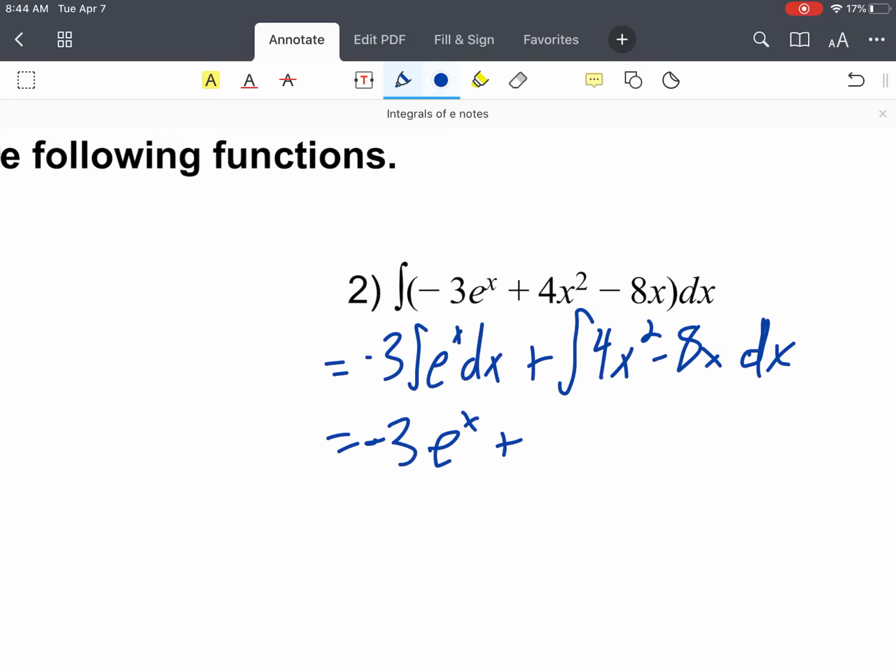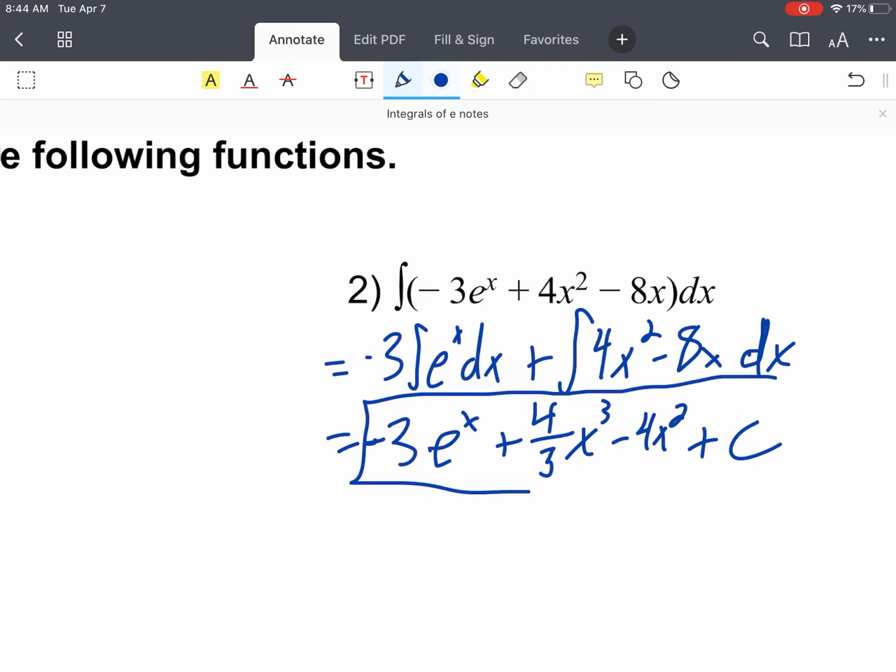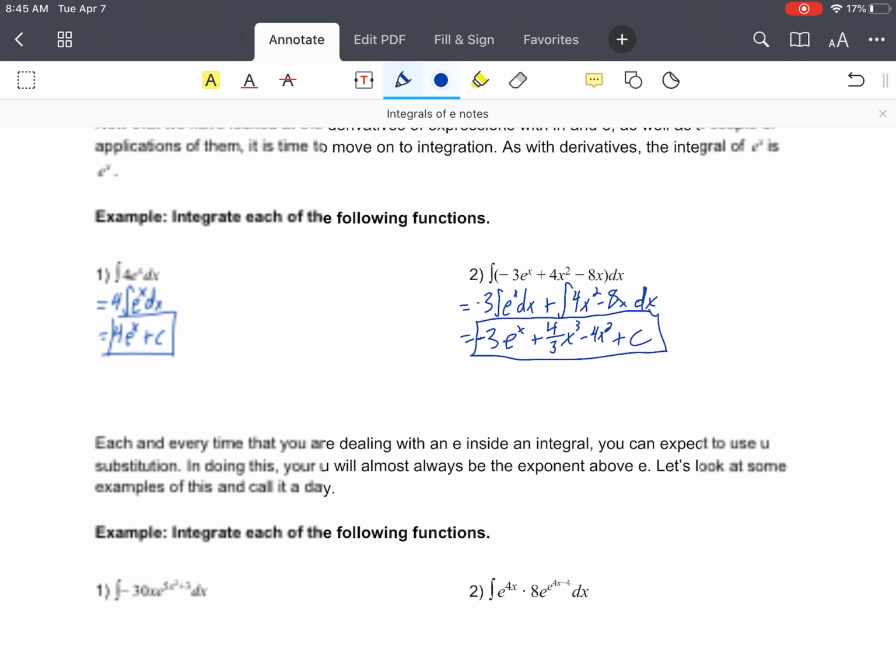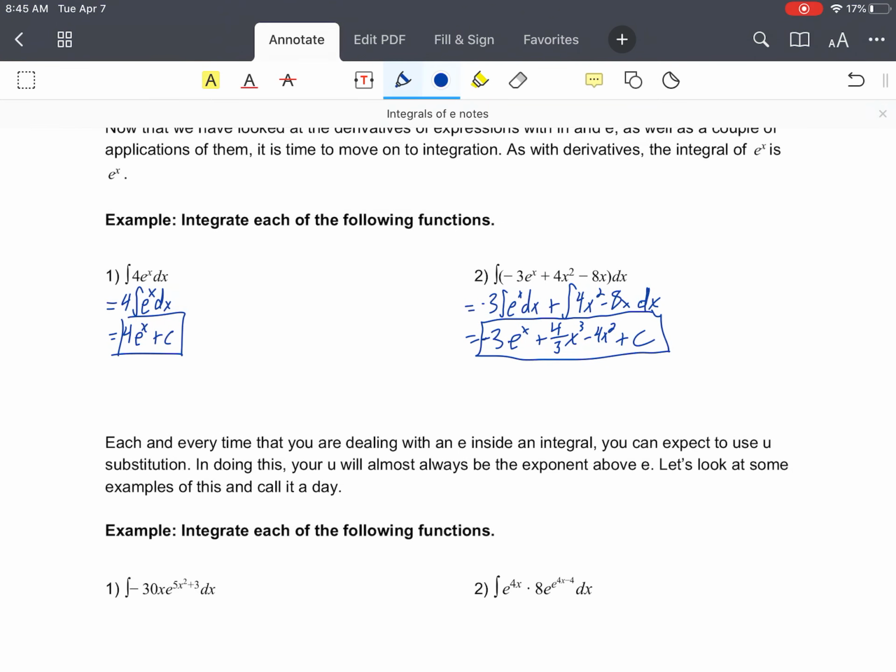So that's negative 3e to the x plus, if I integrate these things over here, I get 4/3 x cubed minus 4x squared plus c. So it's clearly very, very easy when it just says e to the x.